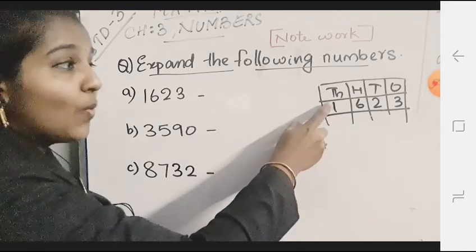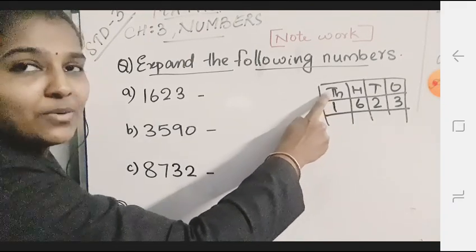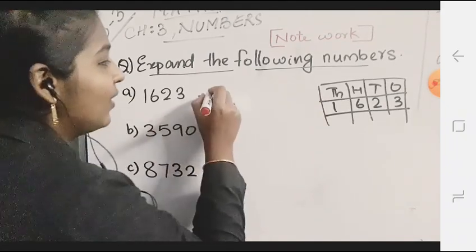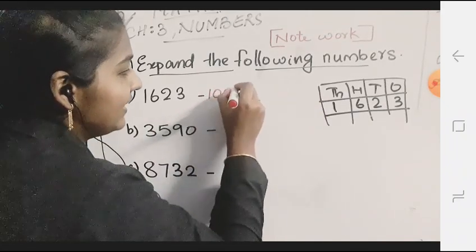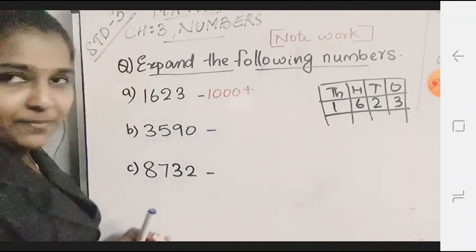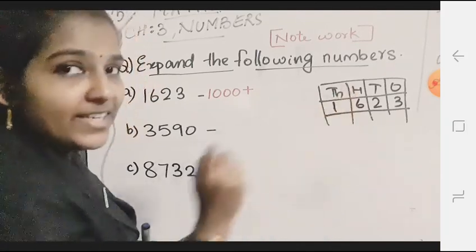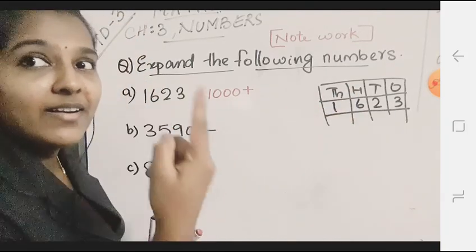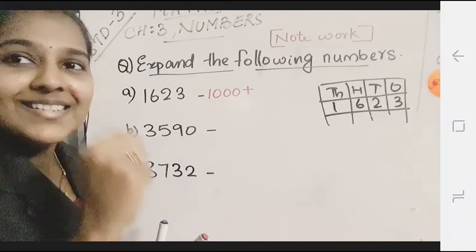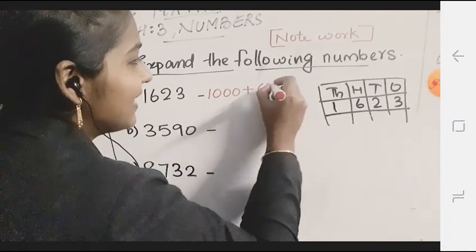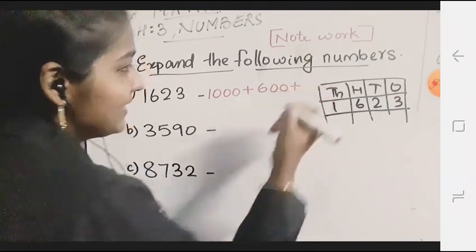That is 1 into 1000. 1 into 1000 is 1000. So you can write 1000 plus. Then look at the next place, 6 in hundreds place. So 600s are 600. So you can write 600 plus.